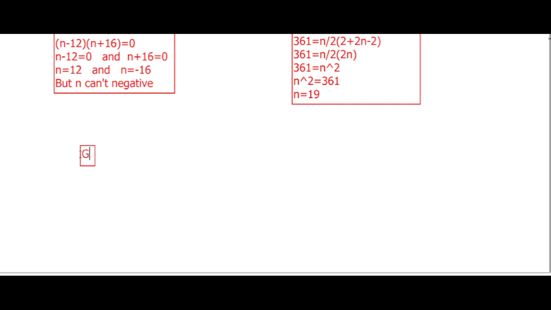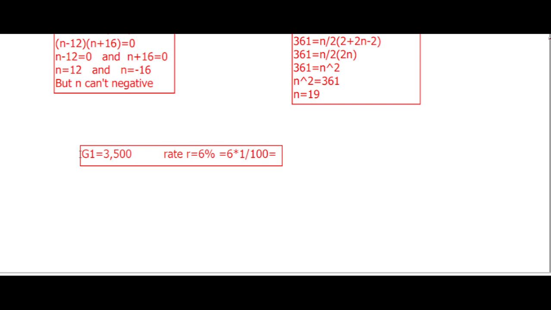G1 is equal to 3,500. Rate R is equal to 6%, which means 6 times 1 over 100, which is equal to 0.06. Now what will be G2?